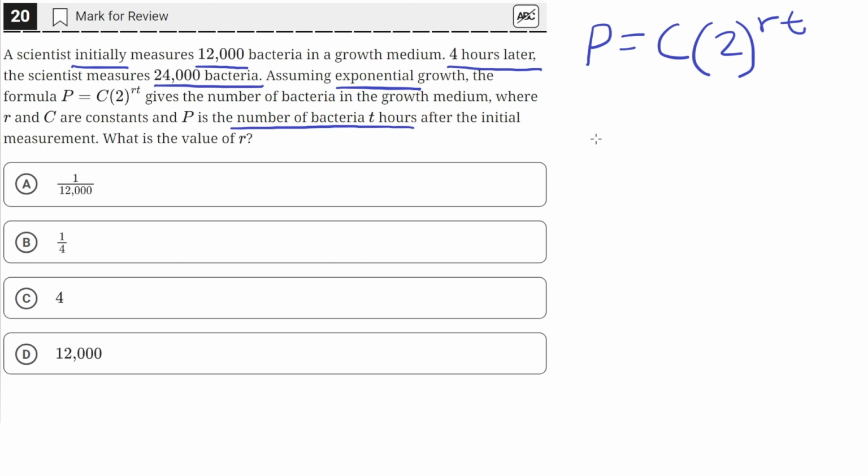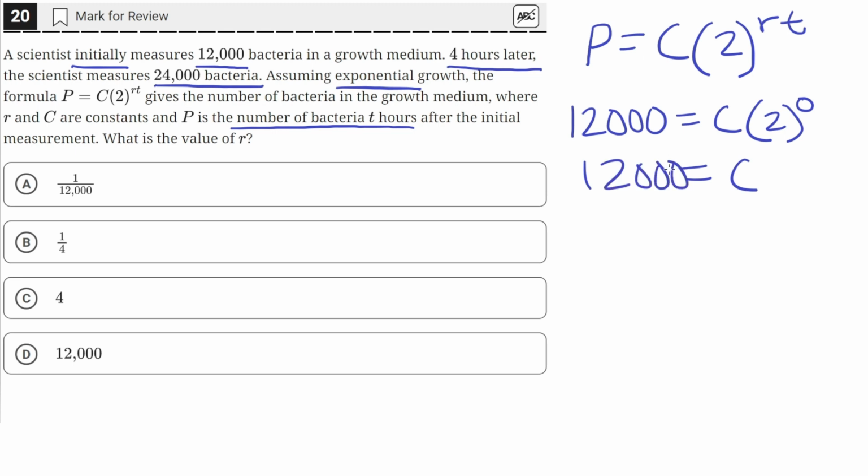So if we plug 12,000 in for P and 0 for T, we would be able to solve for the value of C. So we have C times 2 raised to the 0, because anything times 0 is just 0. Then 2 raised to the 0 is just 1, so we'll just be left with a C on this side, and the 12,000 will still be on this side. So that means C is equal to 12,000.